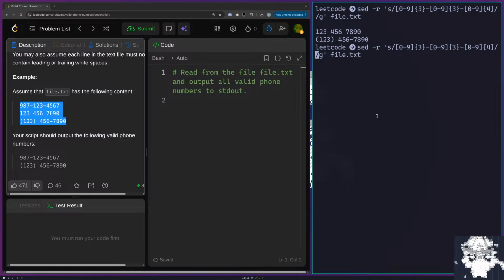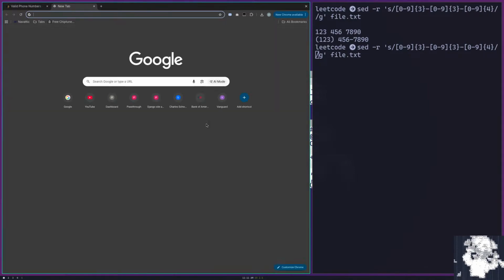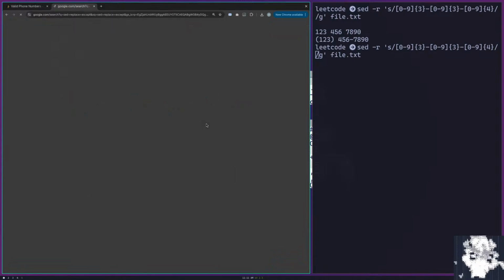Or maybe I want a grep for this and, I'm not sure. Can I do sed replace all except, or can I put like a not in front of the regex? Sed replace except.